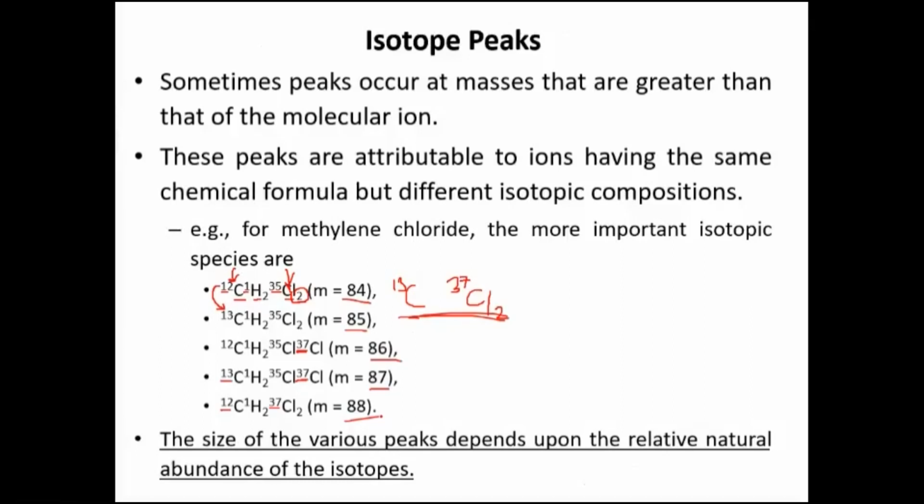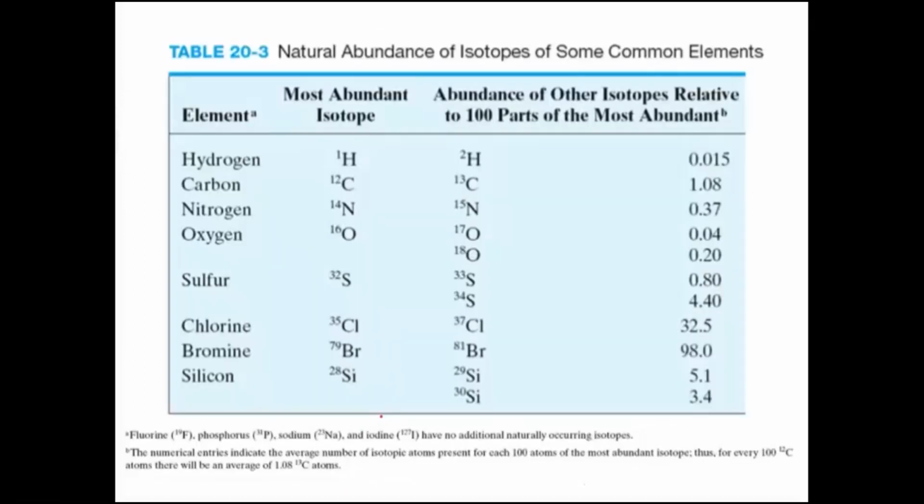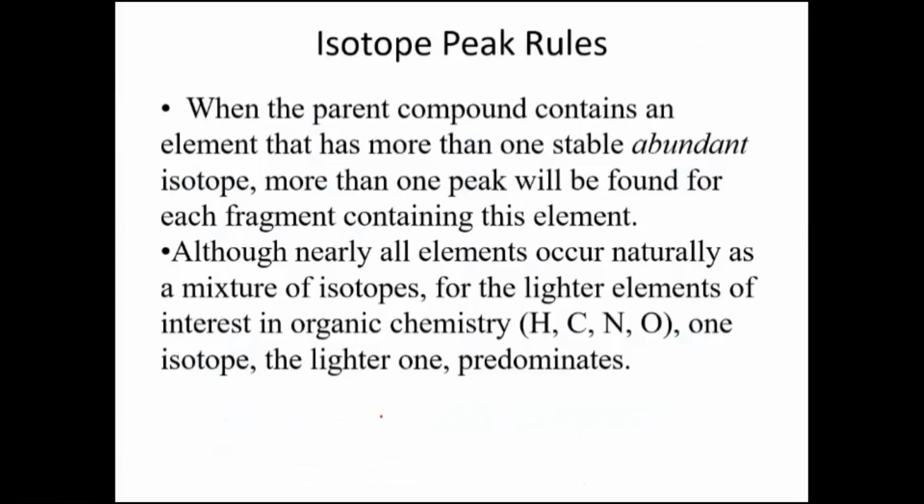The size of the various peaks depends upon the relative natural abundance of the isotope. Relative natural abundance means rarely are both isotopes present in equal quantity. The relative abundance of different elements and their isotopes is given in this table. Go through the table. Okay, so isotope peak rules.